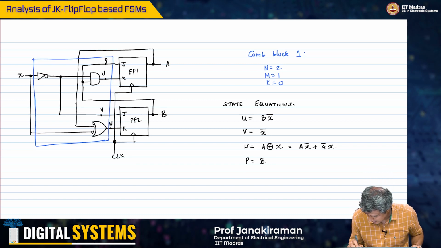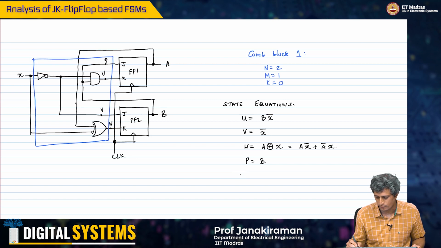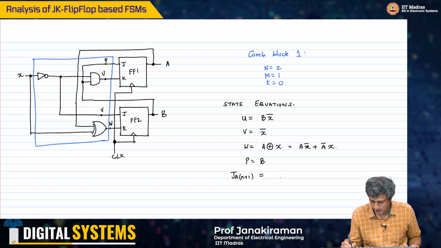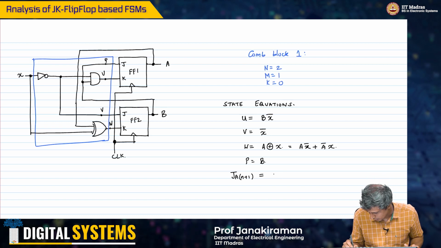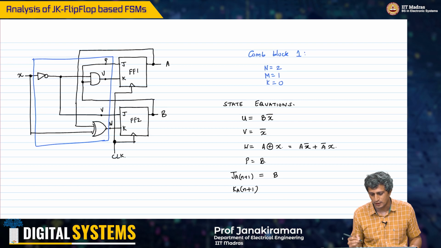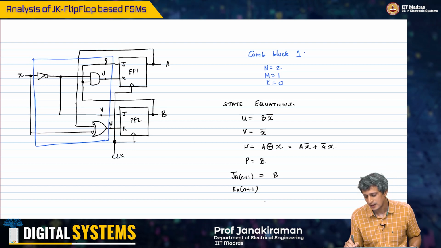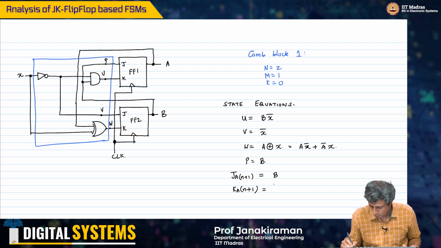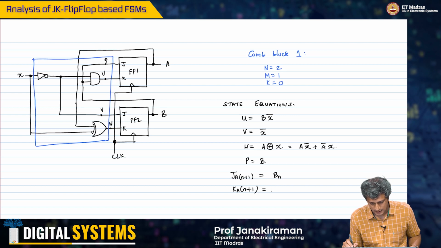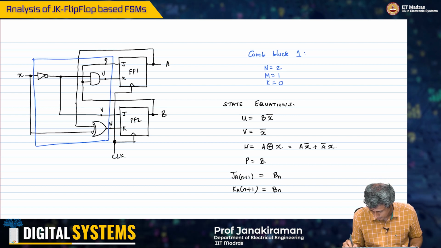If I look at the JK flip-flop inputs here, JA of n plus 1 is essentially my P, so this is B. And KA of n plus 1, the K input for the flip-flop whose output is A, the n plus 1th state, is going to be Bn times X bar.